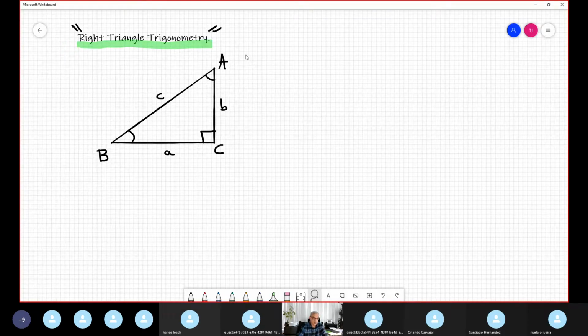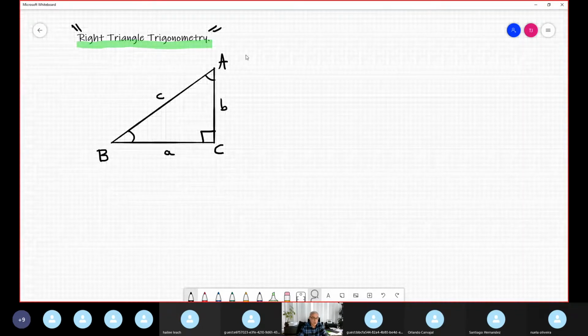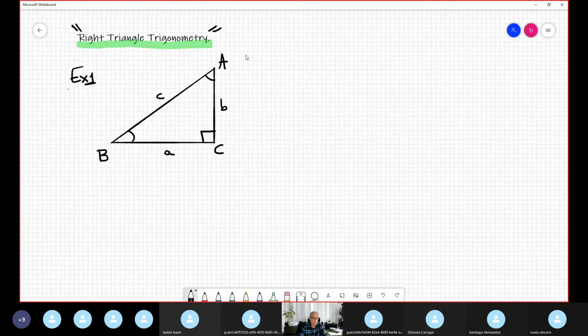Now suppose this example is given with other numbers. Example 1. It's given b is 5 linear units and B is 20 degrees, and you need to solve the triangle.